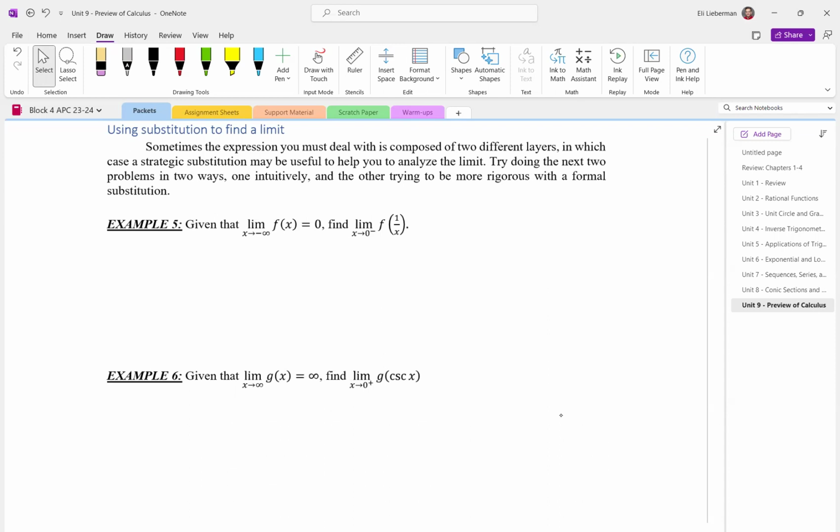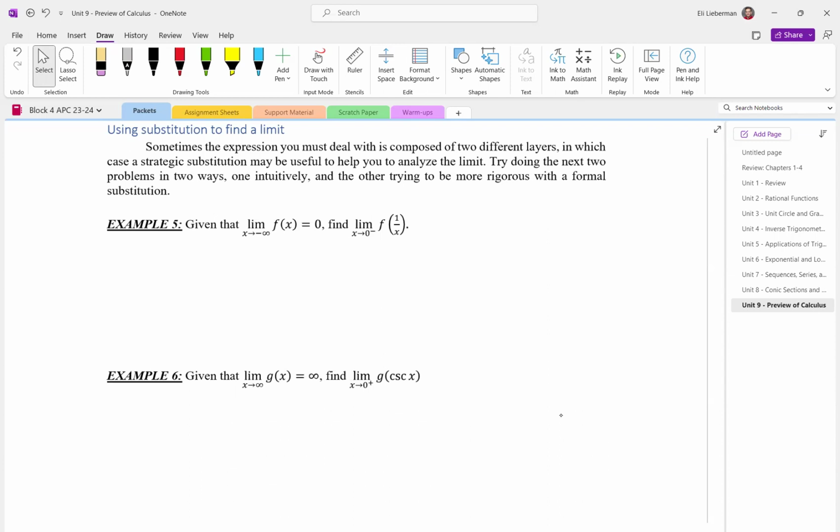In this case, this problem is telling us to put in values that are very close to 0 from the left. But notice they don't go directly into the function, do they? It's kind of a pit stop. Before that number goes into the function, it has to go into a different function, namely 1 over x.